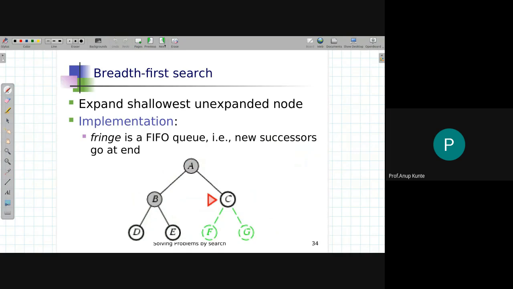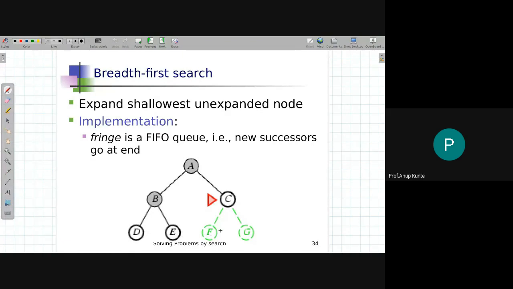So that is what happens. C will be explored. At this time, when we are exploring C, D and E are already in the queue. See how they are mentioning. This is actually not looking proper because the diagram is a bit expanded or zoomed out, but these are double circles, or bold circles, D and E and C, because all three nodes C, D, E are in the fringe list.